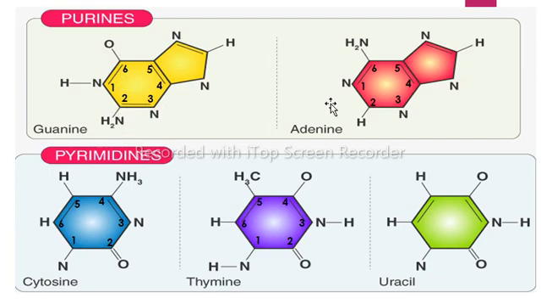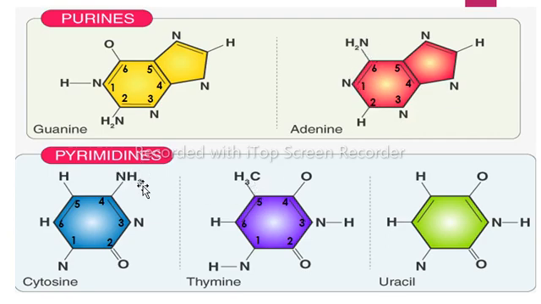Adenine also has a double ring structure. It is called 6-amino purine in biochemistry because at position 6 or carbon number 6 an amino group is present.